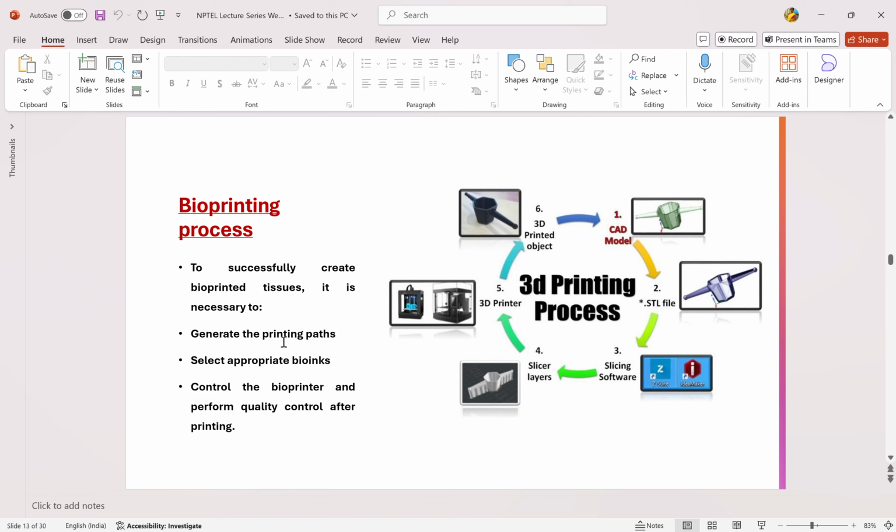You have to provide a path to the 3D printer, along which the printer should print. What and how you will print will be provided by your appropriate bio ink. Then you will control the bioprinter and perform quality control after printing.